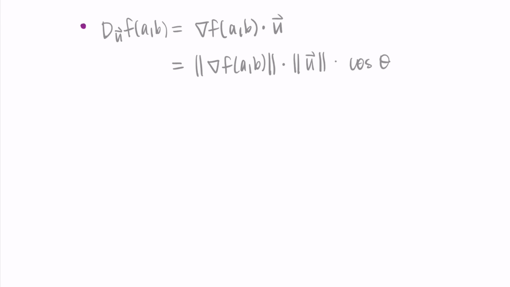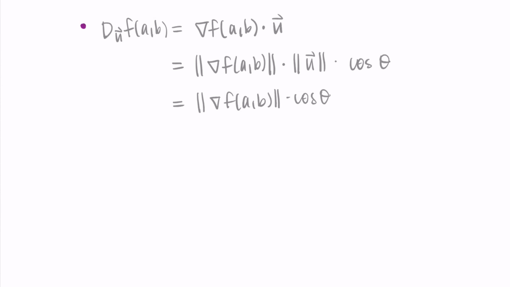Remember here, u is just some unit vector that goes in the direction of the maximum rate of change. We don't know what it is here, but we do know that it's a unit vector anytime we're using the directional derivative. So the magnitude of u is 1. So I can rewrite this statement as just the magnitude of the gradient of f times cosine of theta.